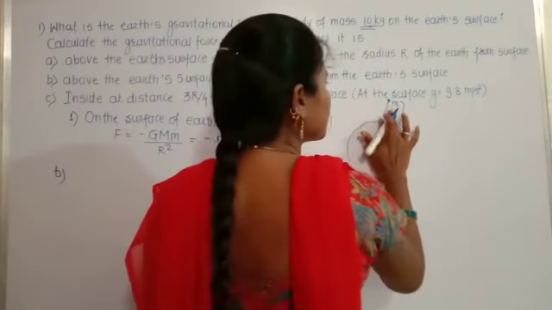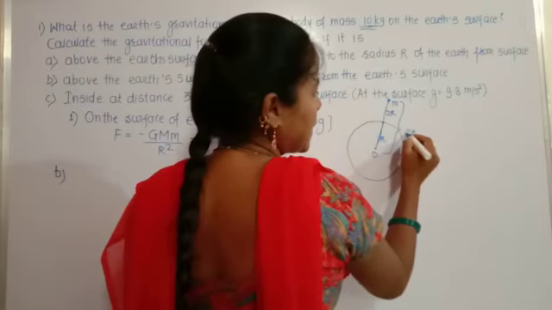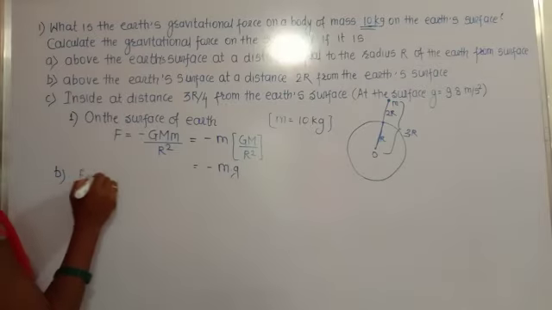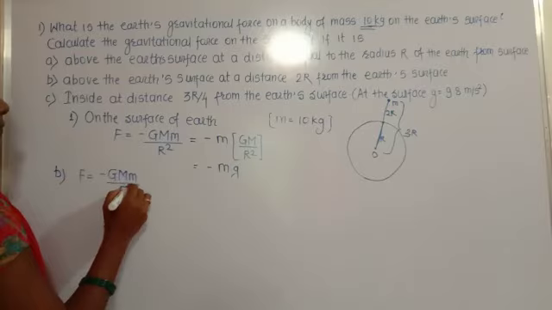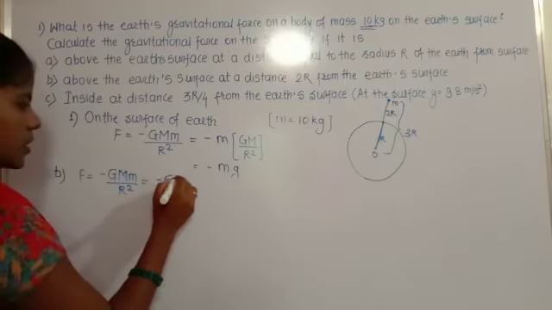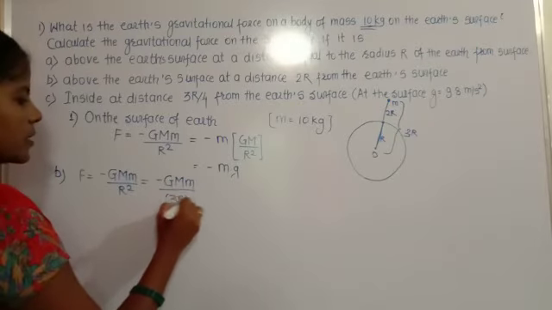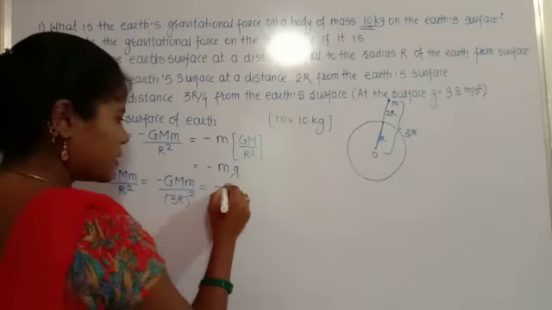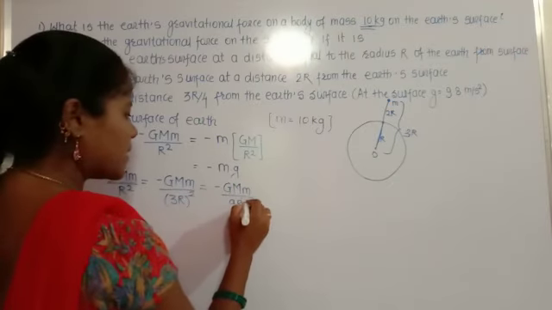So this distance is twice R, and the total is twice R plus R, 3R. Then again we have F equals minus G capital M small m divided by the distance squared, that is 3R square, which is 9R square. So minus capital G capital M small m divided by 9R square.